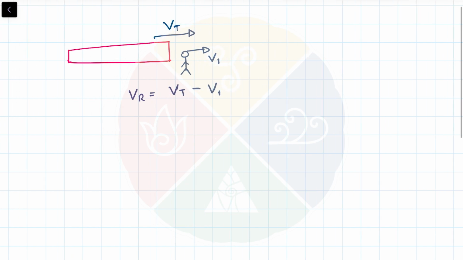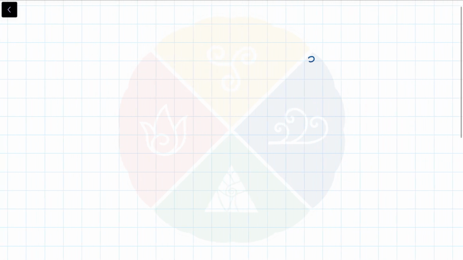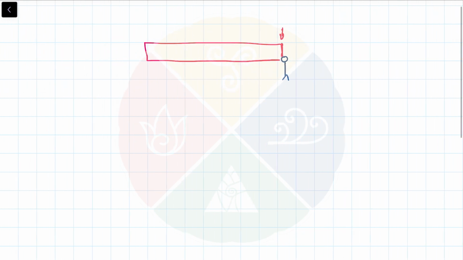To overtake a person, we consider the person as a point object. When the front of the train reaches the person, that's when we start to measure the time. Once we convert it into relative velocity, the person is not moving and the train is moving at the relative velocity.